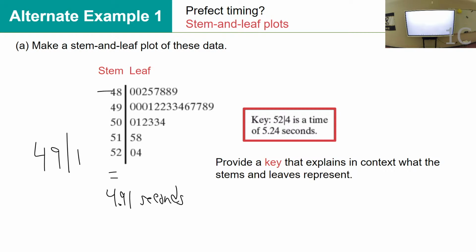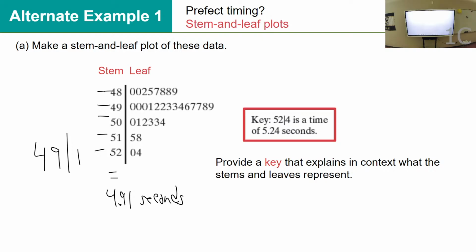You can't skip numbers. You can start with whatever you want to start with. You got to end with whatever you got to end with, but you can't skip. There's the dots. They're not easy to make. I mean, they're okay if you know where you're supposed to start it and stop it, but the leaves represent the last digit. The stems could represent the other digits.